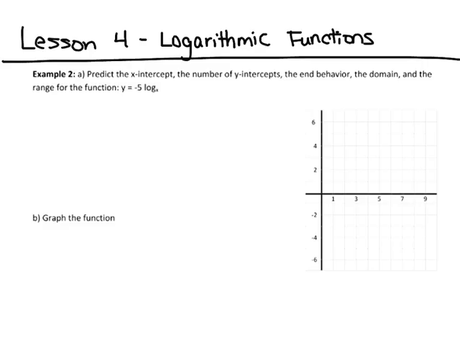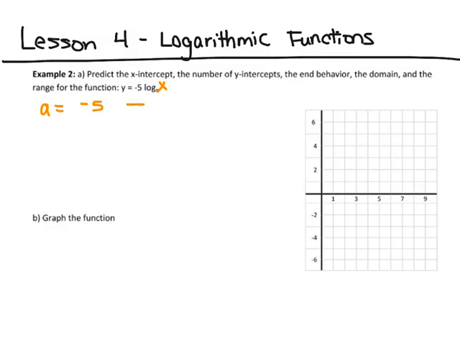So we want to predict the x-intercept, the number of y-intercepts, and behavior, domain and range for the function y equals negative 5 log of x. So we know that a is equal to negative 5. Because it's negative 5, this is a decreasing function, which means it will go down. The end behavior means it will start in quadrant 1, and move down to quadrant 4.